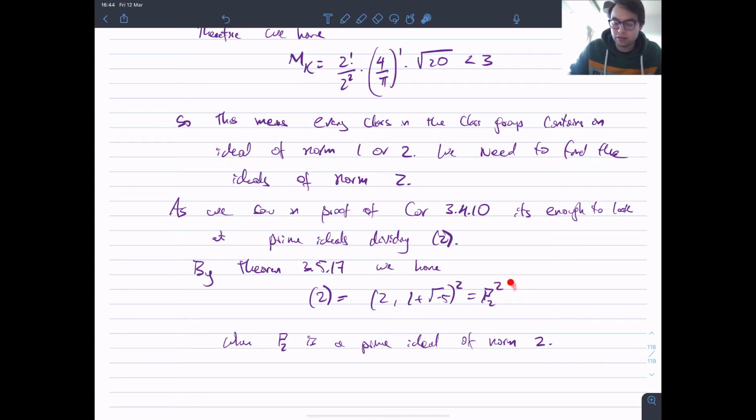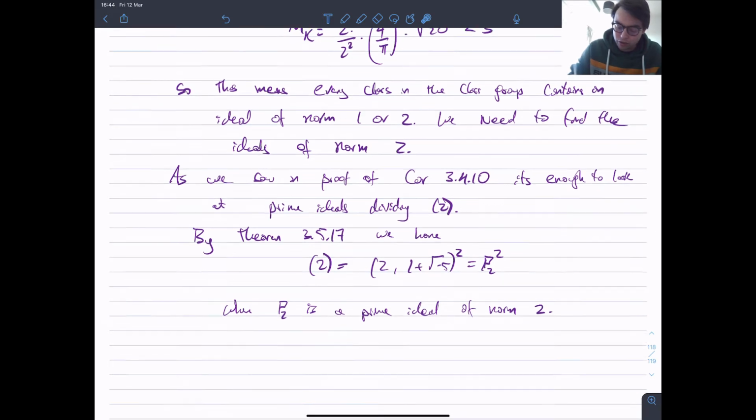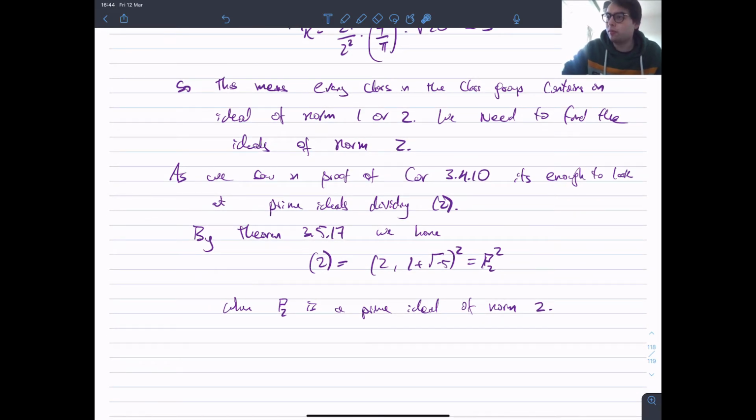The ramification degree is 2, so in a quadratic field the residue degree is 1, and the norm of this ideal is p to the residue degree, so 2 to the 1, so it's 2. So there is only one prime ideal of norm 2.